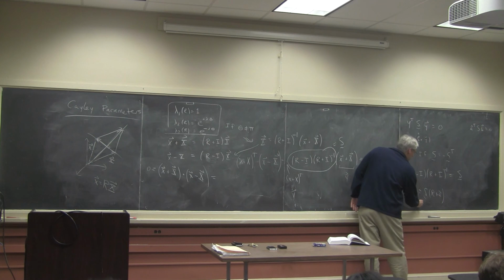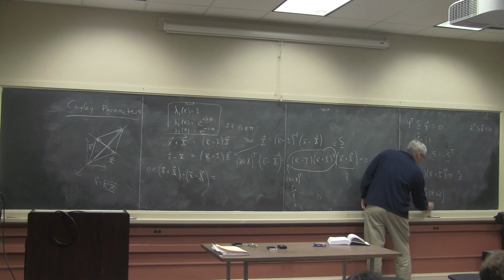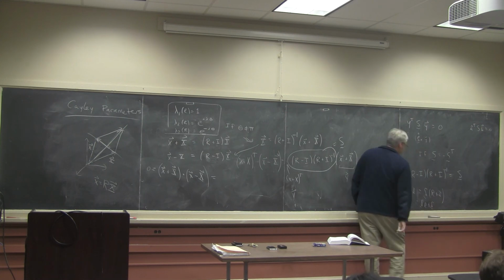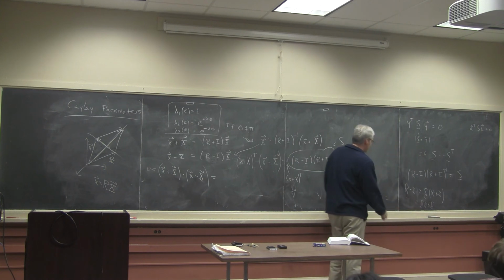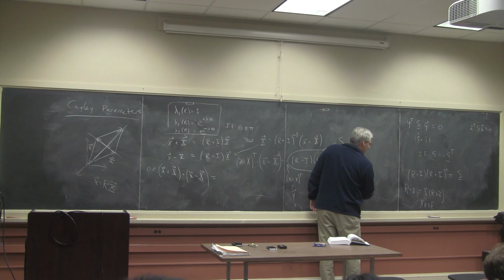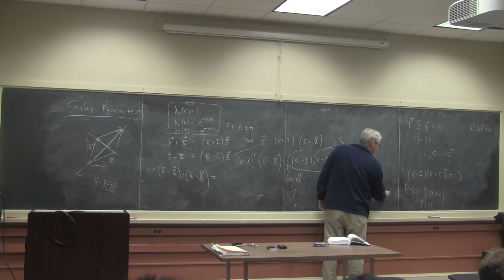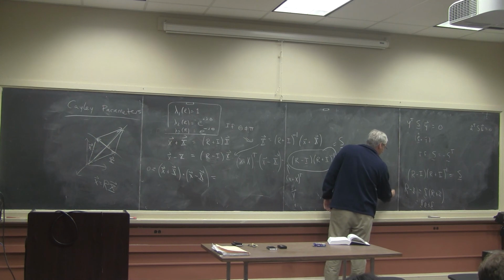Which is the same as sr plus s. Now I'm going to bring this over to the other side of the equation. So we have r minus sr is equal to I plus s.